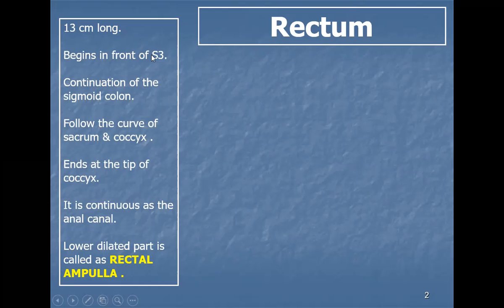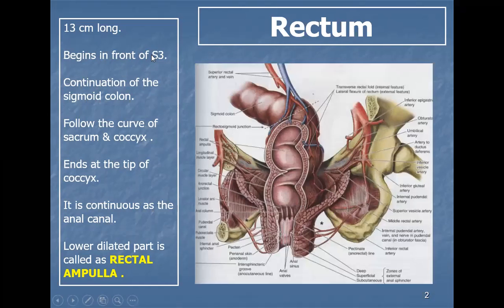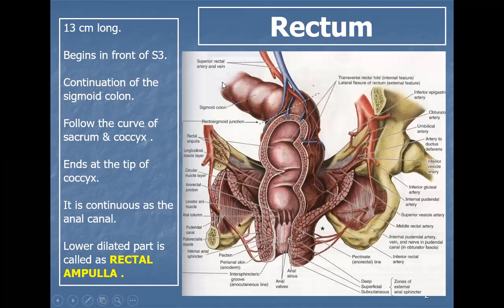It begins from S3 where the sigmoid colon ends. So here is the sigmoid colon and the beginning of the rectum. It is at the level of S3 and it is the continuation of the sigmoid colon. It follows the curvature of the sacrum and the coccyx, as we saw in the previous slides. Behind, the posterior relation is the sacrum and the coccyx, and they are not straight but curved.